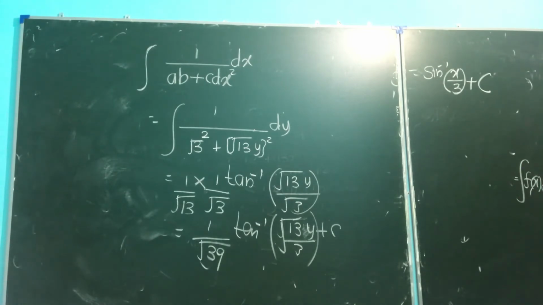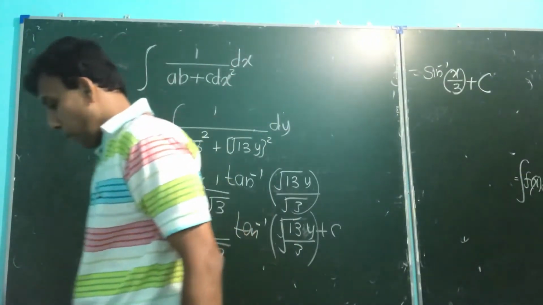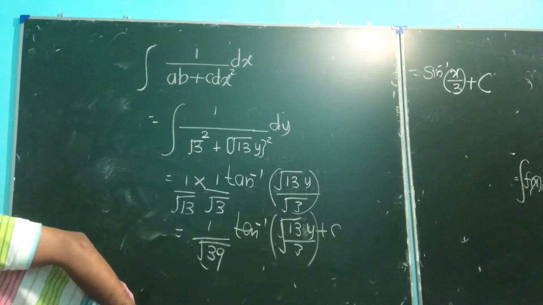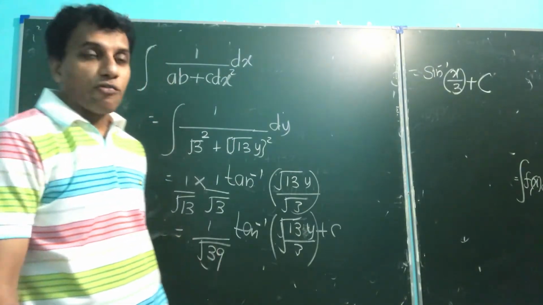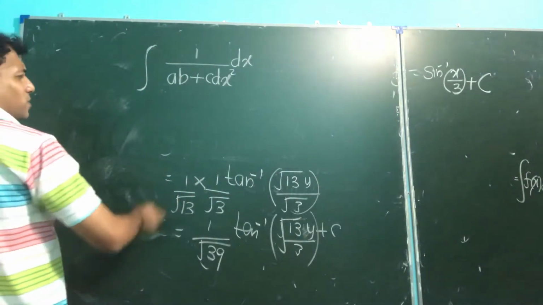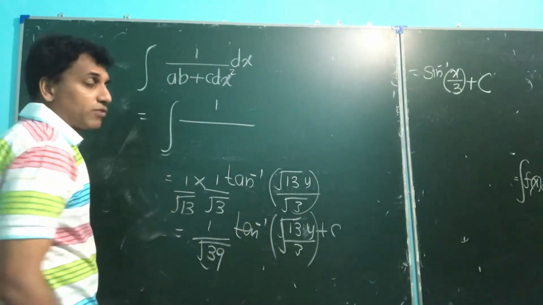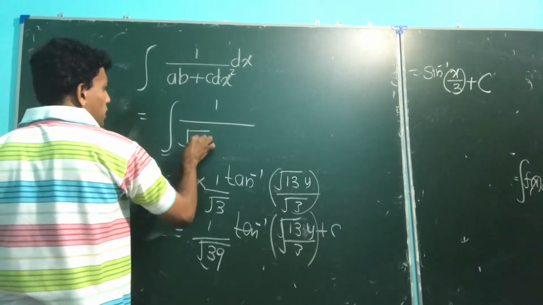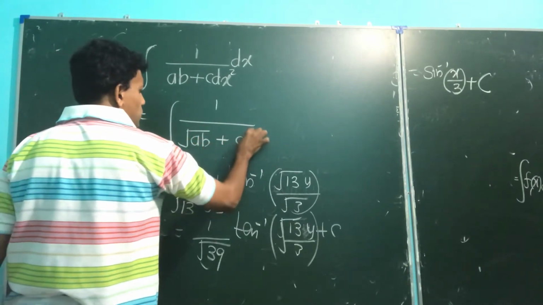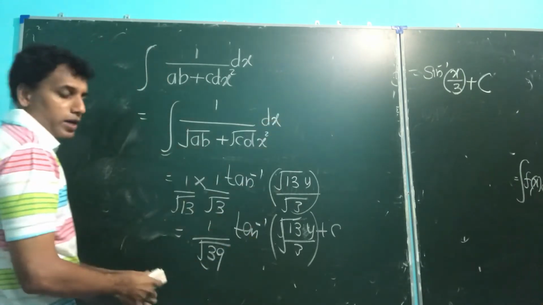Right. So the integration is 1 over AB plus CD x square. Connect it to the standard form. The integral of 1 over square root of AB plus square root of CD x all square dx.